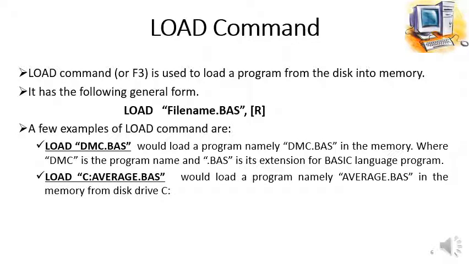Load C colon average.bas means that this program name is average and it's a basic program which is stored inside the disk drive C. So it would load a program, namely average.bas, in the memory from disk drive C.